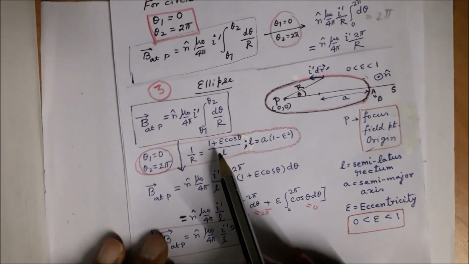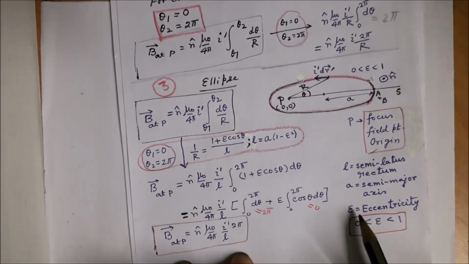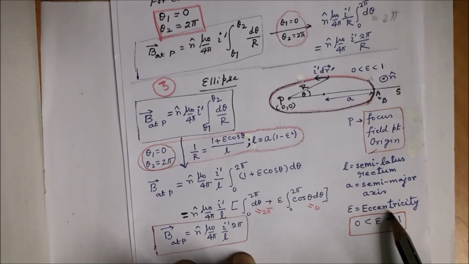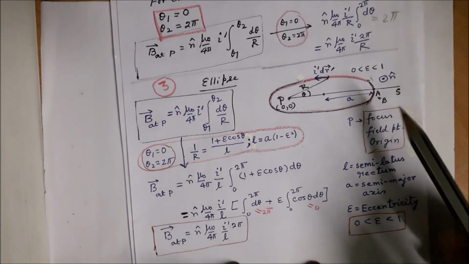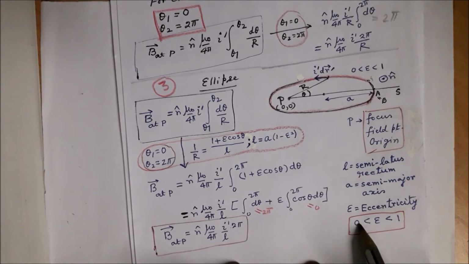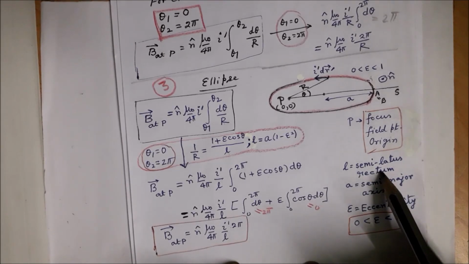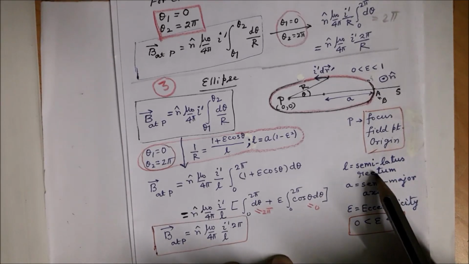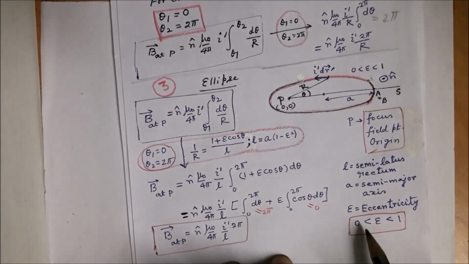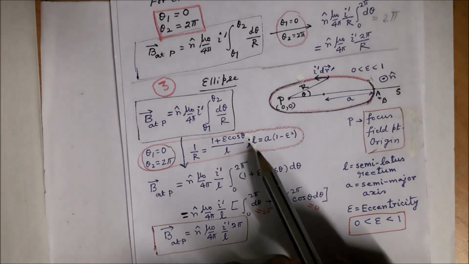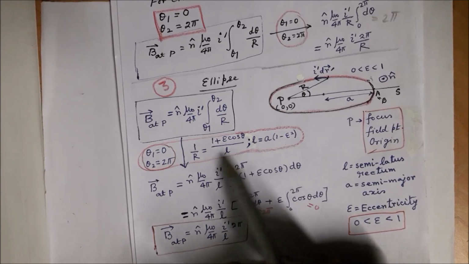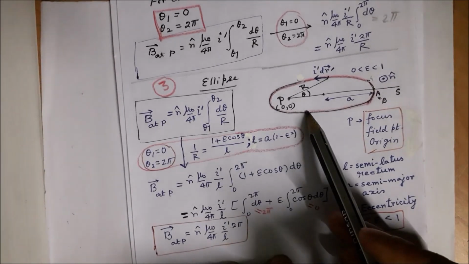In this formula we have an epsilon, and this epsilon is the well-known eccentricity of the ellipse, which lies between 0 and 1, and L represents the semi-latus rectum, and L is related to eccentricity and the semi-major axis through this equation. Now, these are standard equations which we are using.